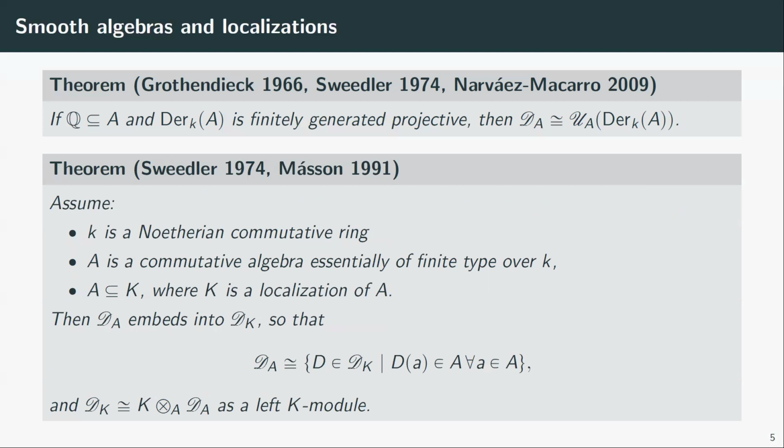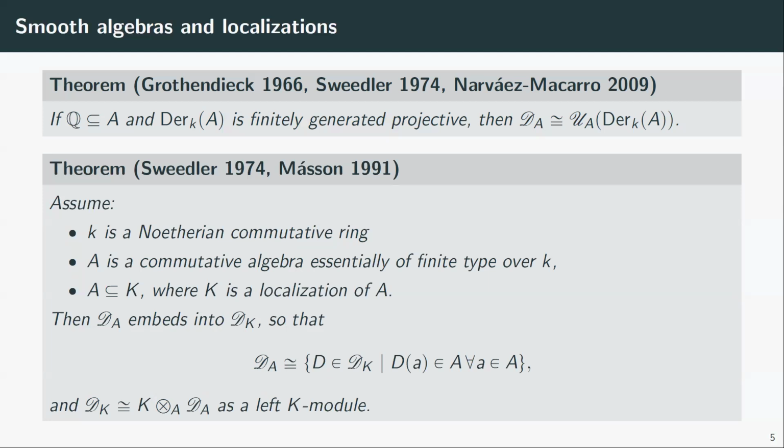Here I have some assumptions which are common in algebraic geometry. A typical example is that K is a field and A is the coordinate ring of some variety.